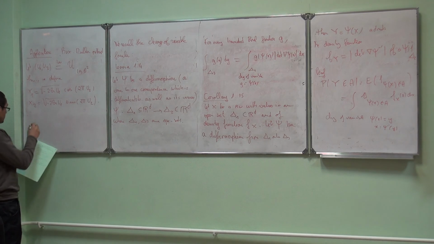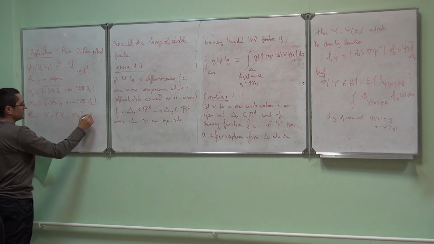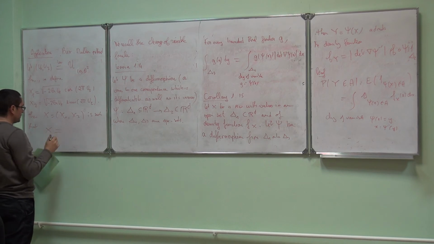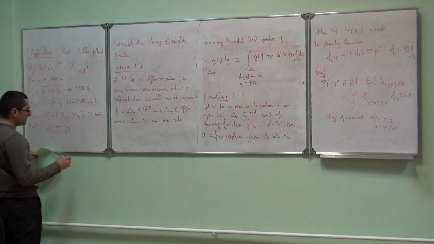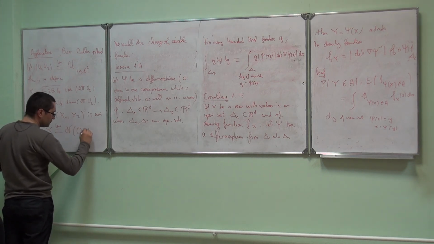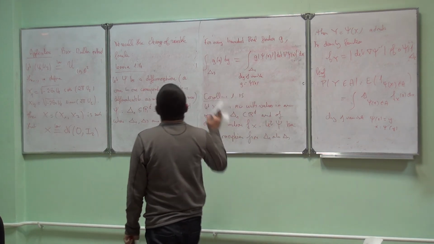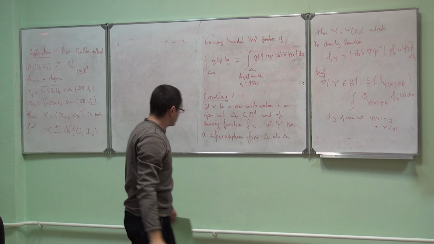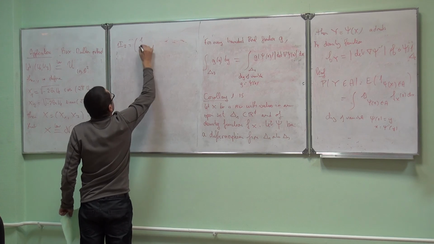Then X equals (X1, X2) is equal in law to a two-dimensional Gaussian distribution N(0, I2), where I2 is the identity matrix in the two-dimensional case, precisely I2 equals (1,0;0,1).